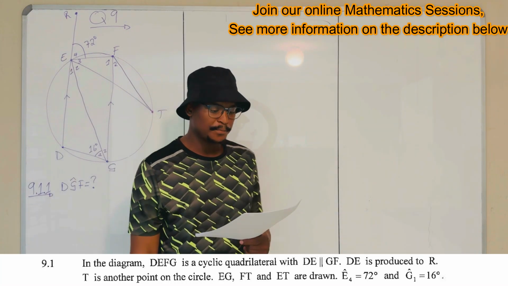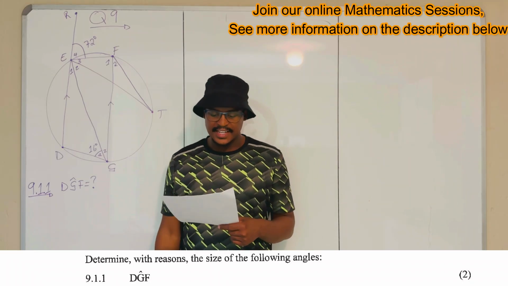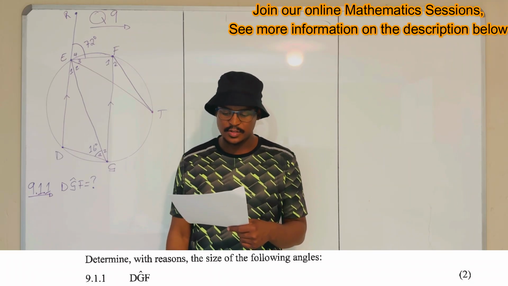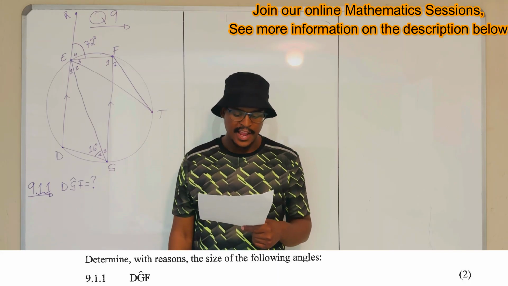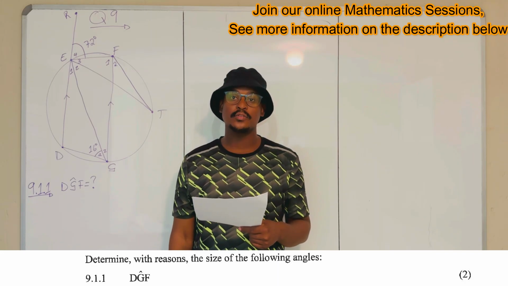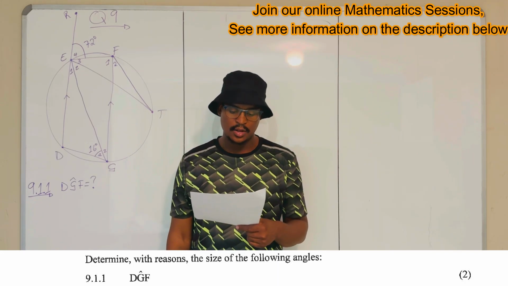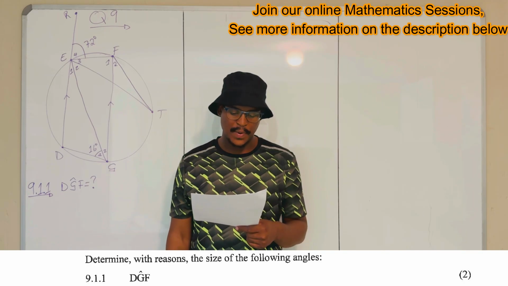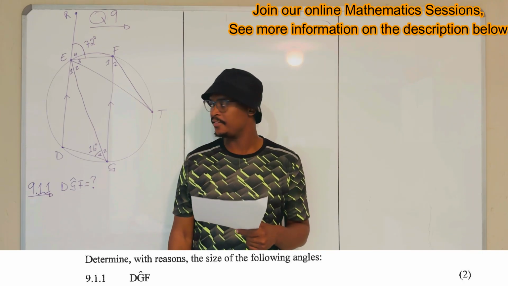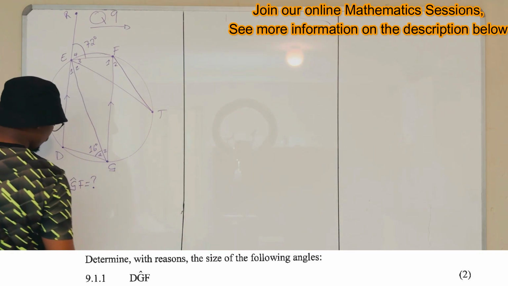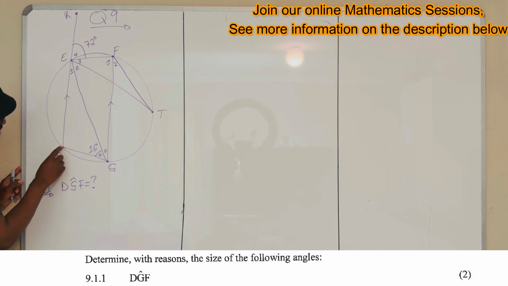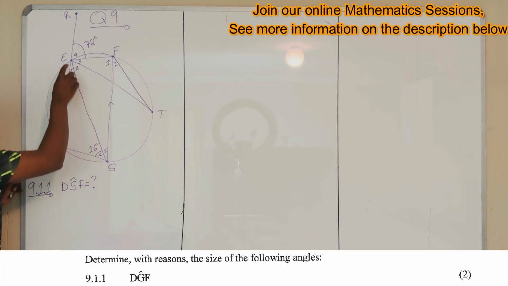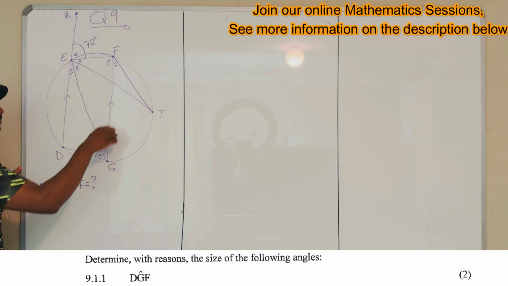No problem. What are they saying? They are saying determine with reasons the size of the following angles. At 9.1.1, they want you to find the size of angle G, which is the angle that is formed by DG and GF. This angle G is formed by DG and GF. Where is DG? DG is this line here, and GF is that line over there.